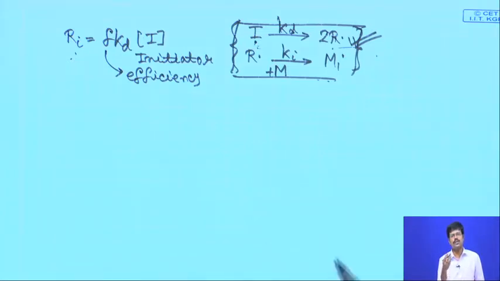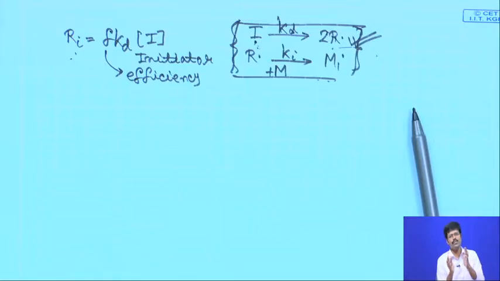Why might it be less than 1? That is why you are putting f. Efficiency is either maximum, in which case it is 1, or it could be less than 1, say a fraction of that, say 0.8, 0.7, which means of the total initiator that is dissociating, all the initiator radicals that are being produced through the dissociation of the initiator, not all of them initiate new polymer chains.